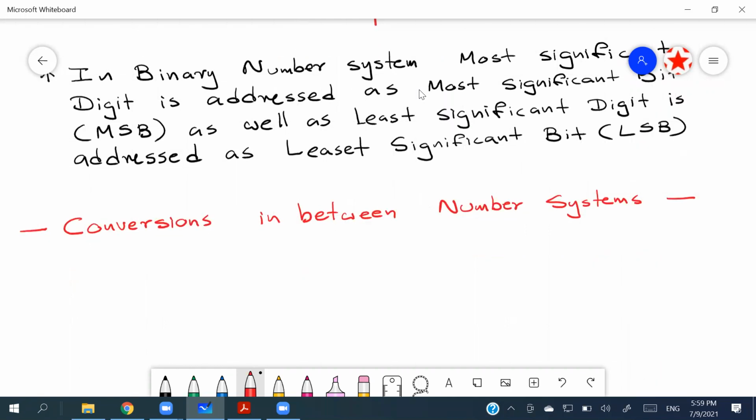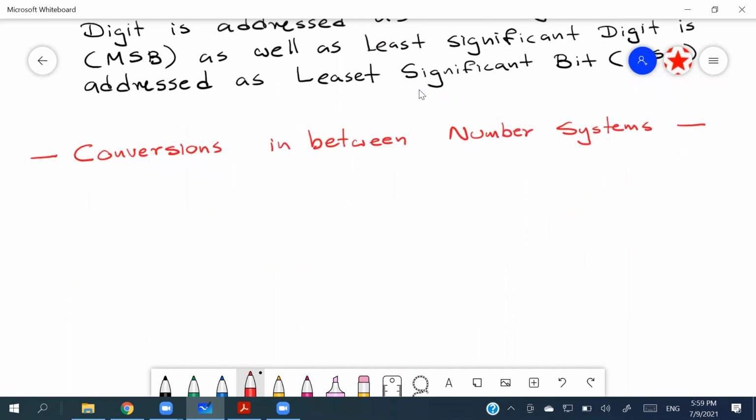And I'll illustrate what are the number system conversions that we have to do in a diagram format, right?